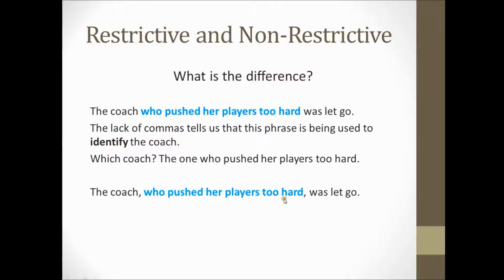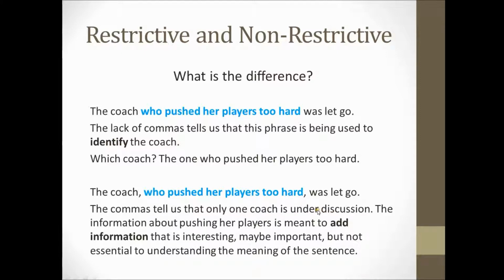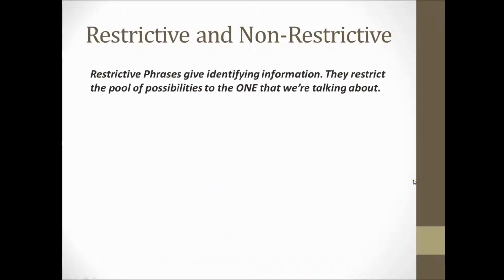So this is the origin of the term restrictive and non-restrictive. A restrictive phrase or clause is one that restricts all the possible coaches, all the possible people or things we might be talking about.